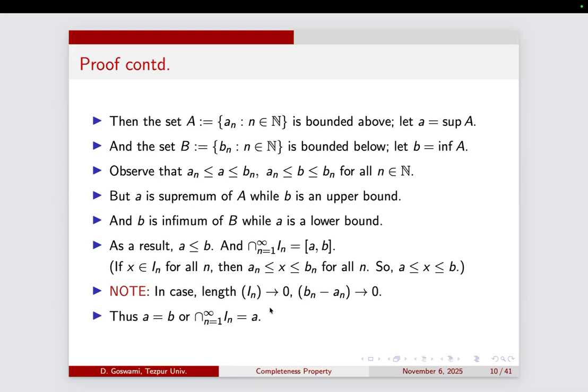And moreover, if the length of the intervals goes to 0, and there's a mistake, this intersection is the singleton A. This is not an element, it should be a set with curly brackets. Okay, it will be the singleton {A}. So we have established the nested interval property by means of the completeness property.